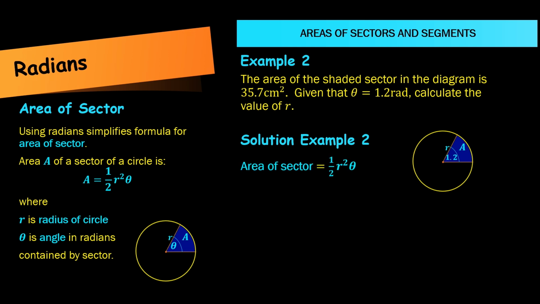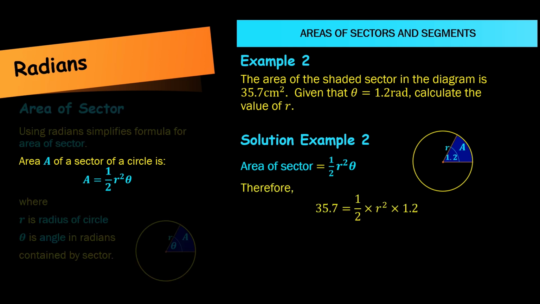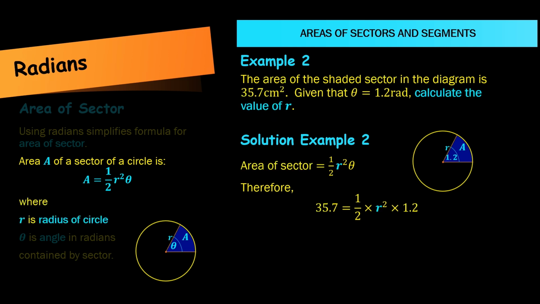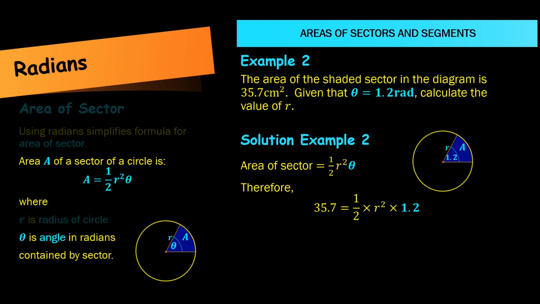The area of the sector is equal to half r squared theta, as given by our formula. And so, if we plug in the values, we have that the area of the sector is 35.7 centimeters squared, and this equals a half times r squared times theta, which is 1.2 radians.